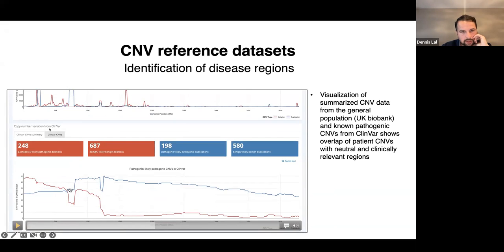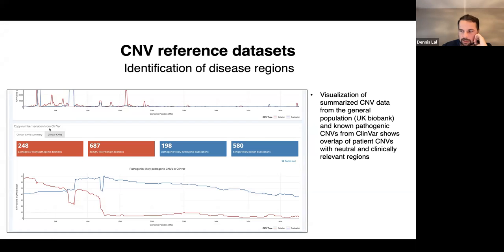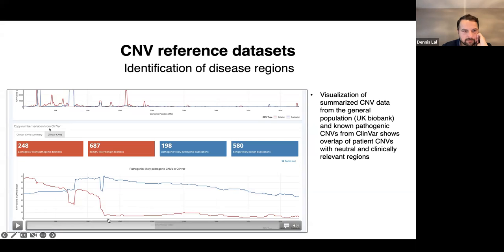This is now a track from the disease database ClinVar, where genetic counselors had to make the decision whether, if there would be a CNV in this region, they consider this as pathogenic or not pathogenic. And here is now a density plot where you can see they would typically say it's not pathogenic.